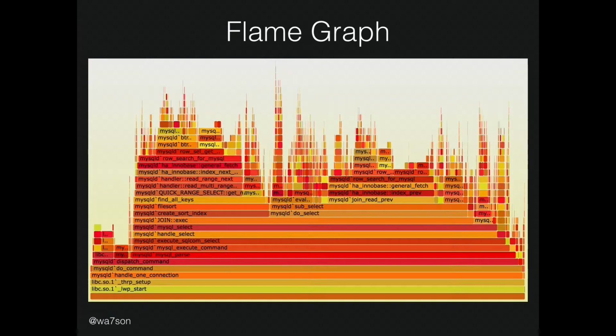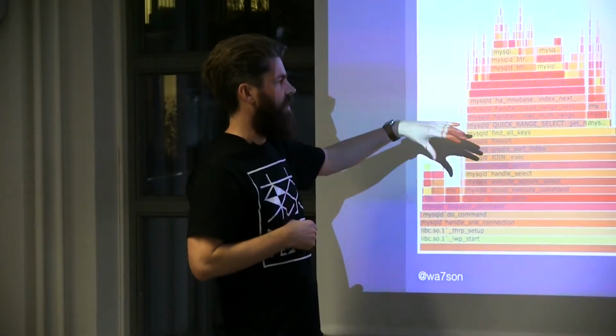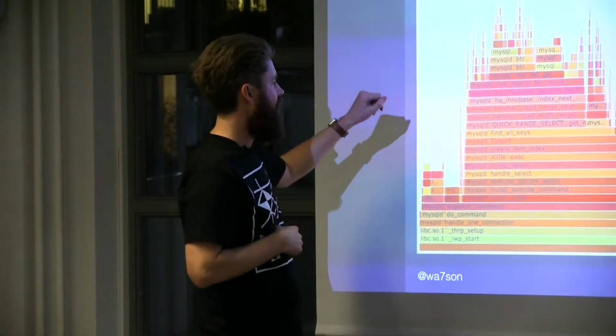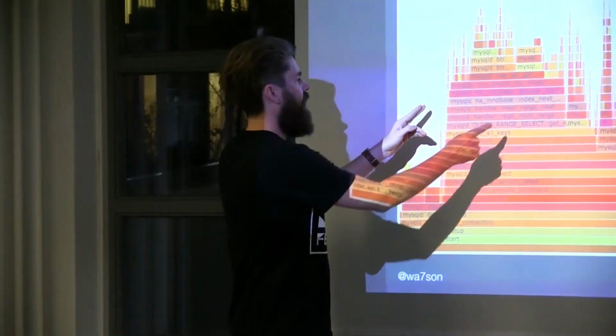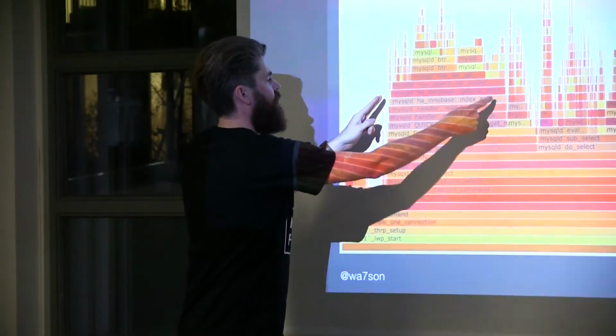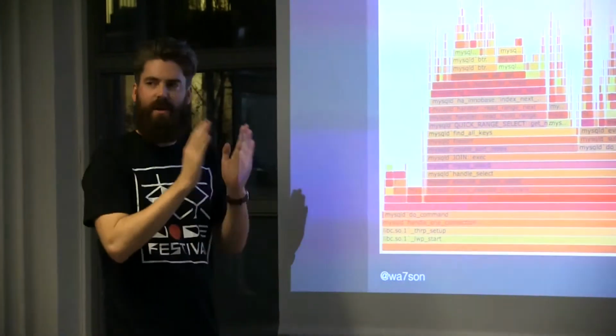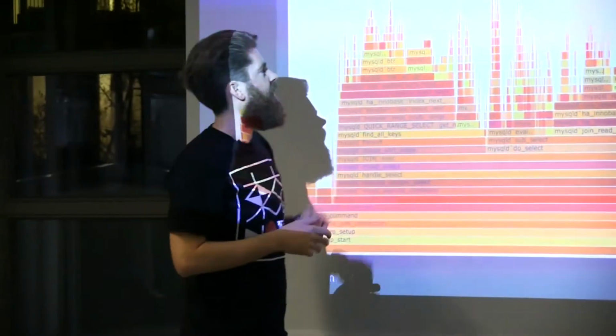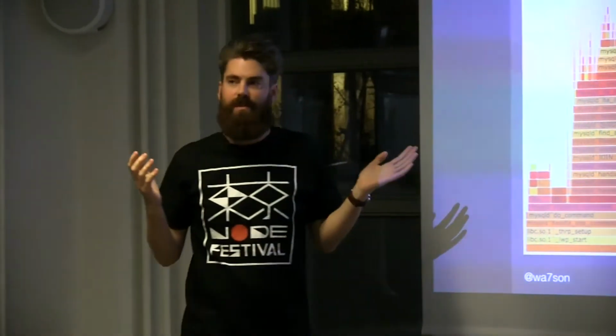So you will see stuff here. This is not a node process. This is just the MySQL daemon running, and this is what goes on inside MySQL. But you will see that, okay, it saw this specific stack frame a lot of times in all these samples that it took, but it saw that stack frame up there maybe only once in all the thousands of samples that it took.